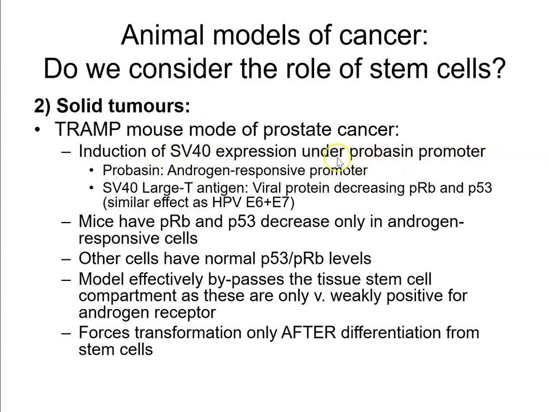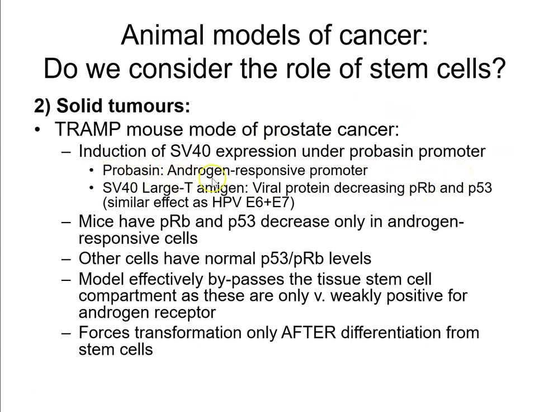Now, this is a very prostate-specific promoter, and more specifically a promoter that is expressed in response to androgens, an androgen receptor, and the androgen receptor is highly expressed in prostate epithelial cells.